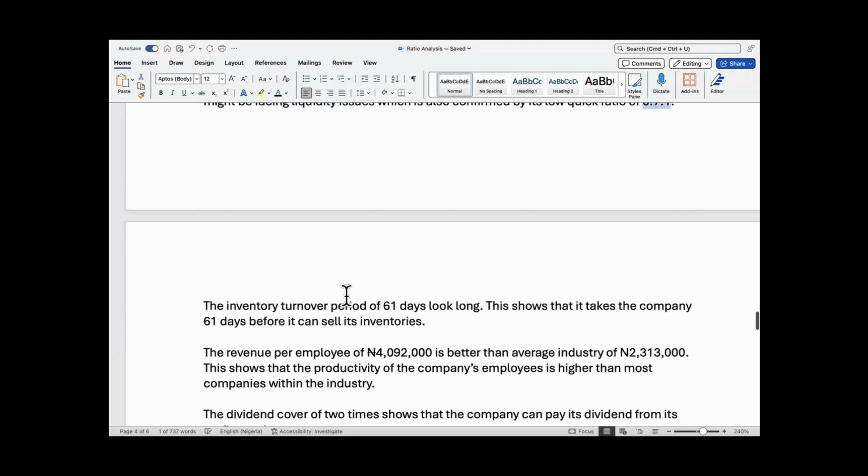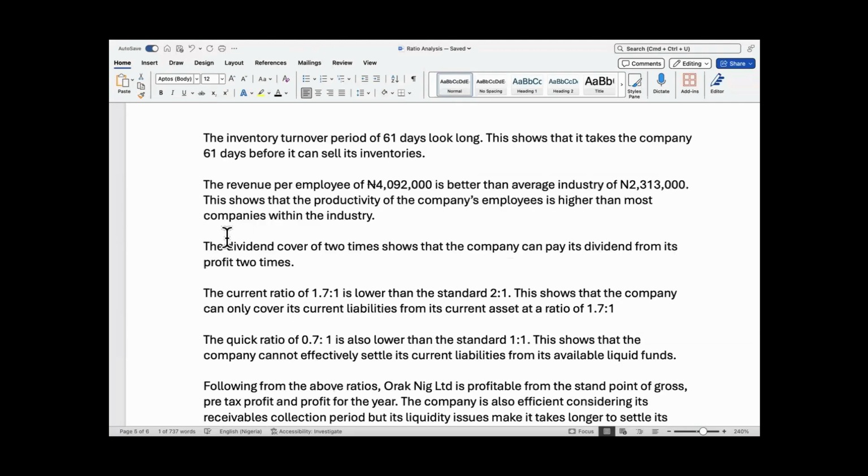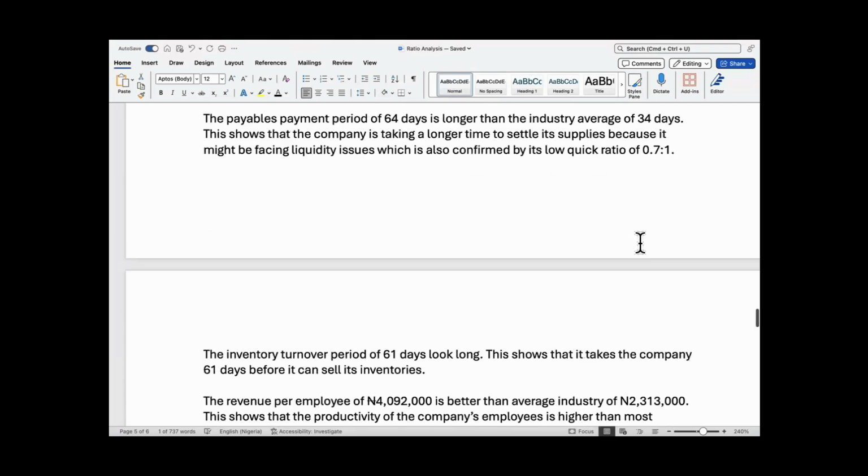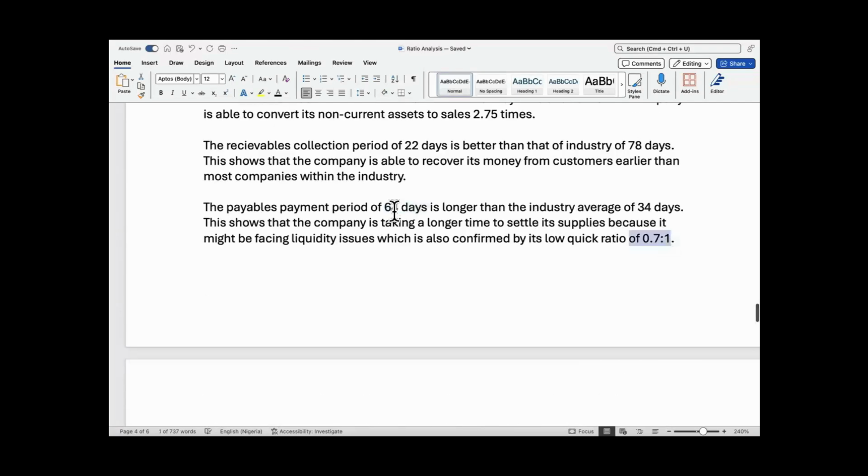Of course, at this point, you might not have computed it. It was when I computed this that we were able to update this one, because this really confirmed why it is taking him so long. Because if his liquidity ratio was strong, it would not take a long time before he settles his payables.